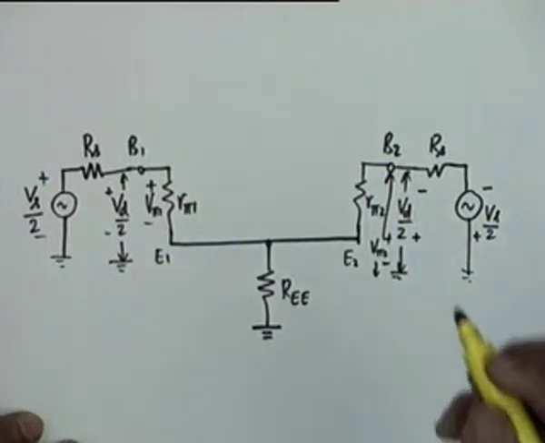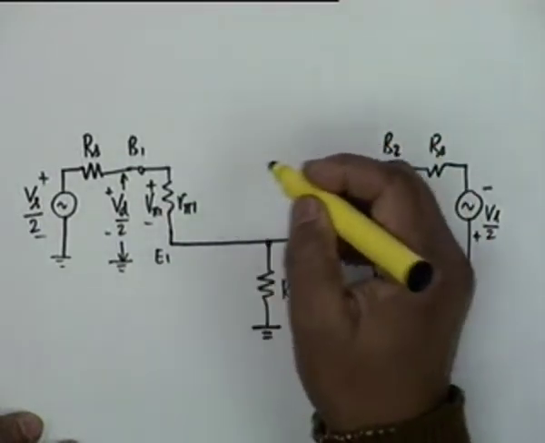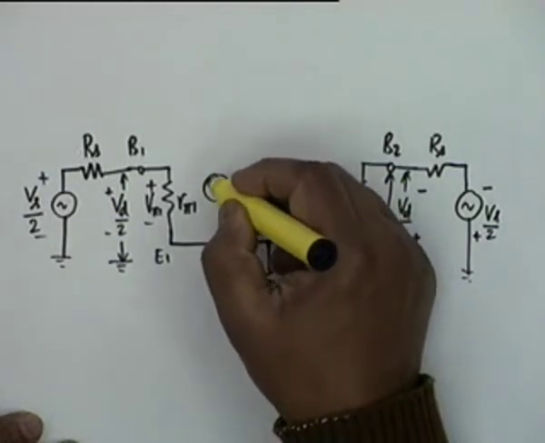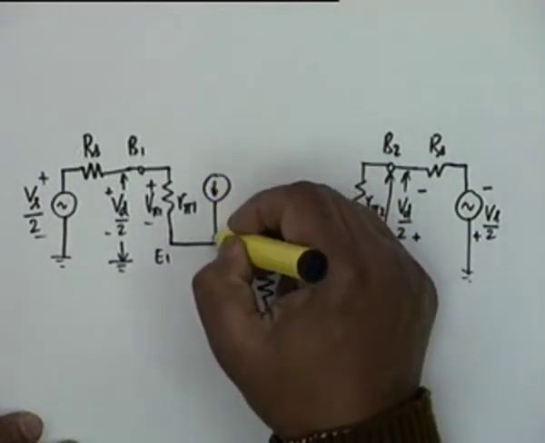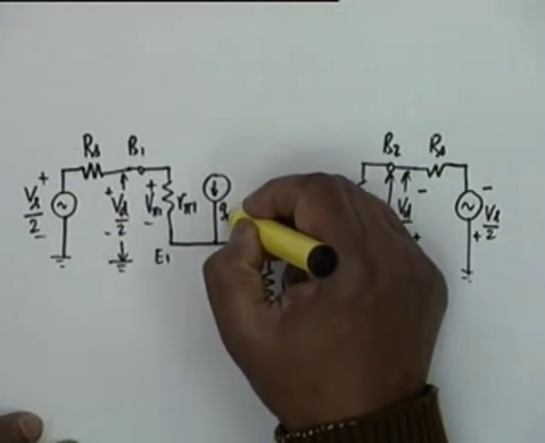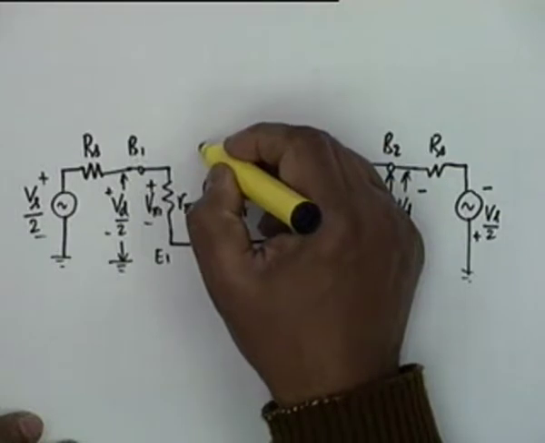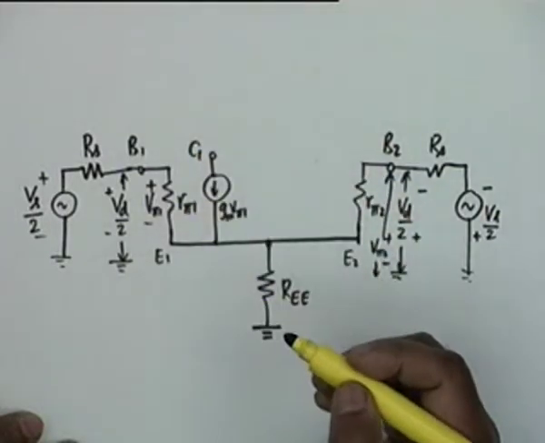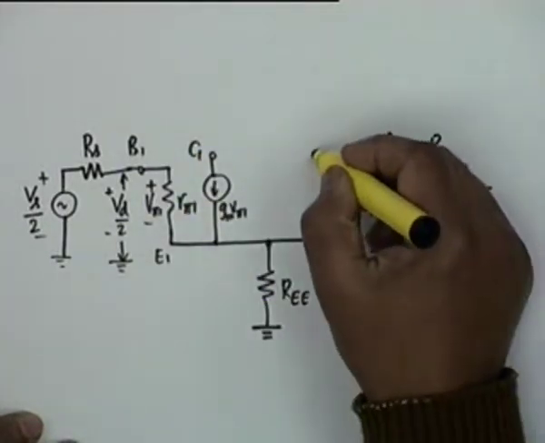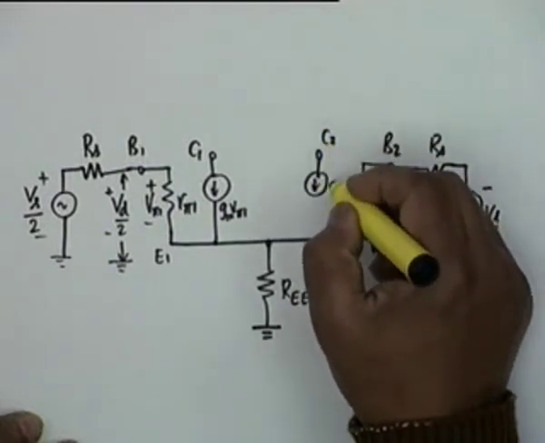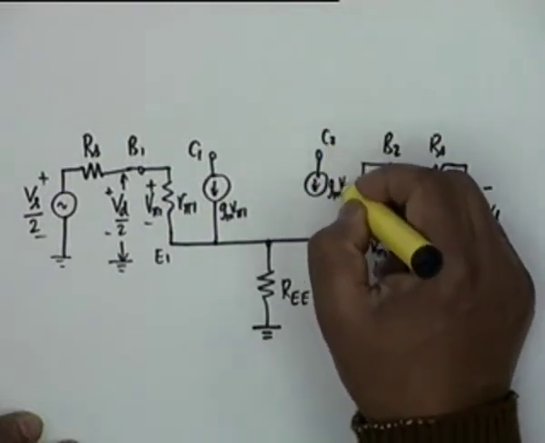Okay. Now in the collector circuit, we have a GM V pi 1, this is collector C1, and there is a collector C2. We are ignoring everything else.